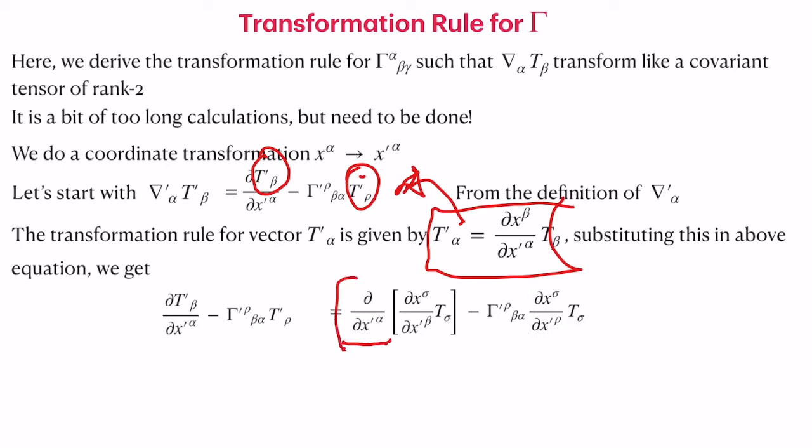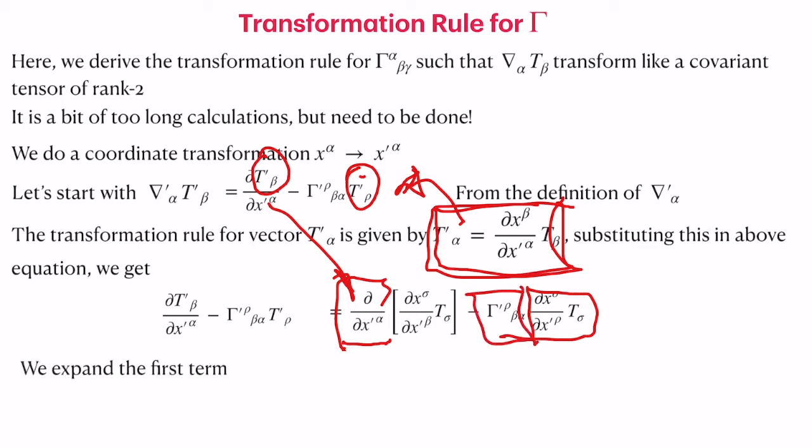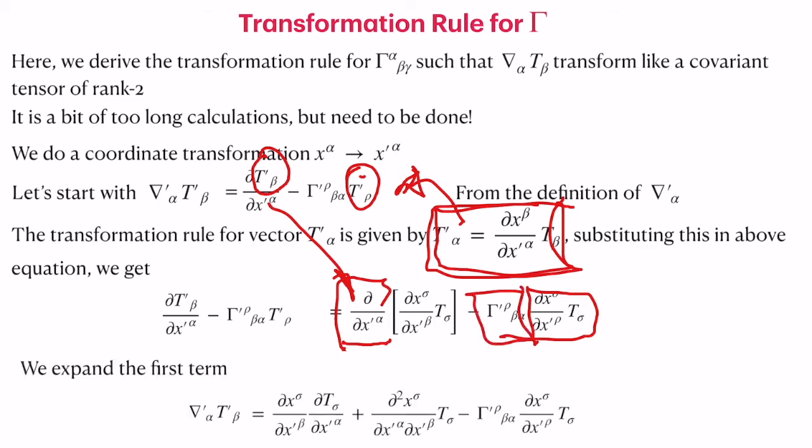First is a partial derivative coming from here, and the second is the expression for the tensor after the transformation, and the same way here is the transformation law and then the gamma symbol. So now we can expand this first term and we would get two terms because of the product rule. The first term is a derivative of the tensor in the x prime coordinate system, and then we have a derivative of the coordinate transformation, or the derivative of the transformation matrix, and then we have the final term which is not changed in this.